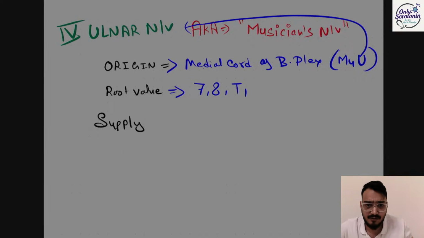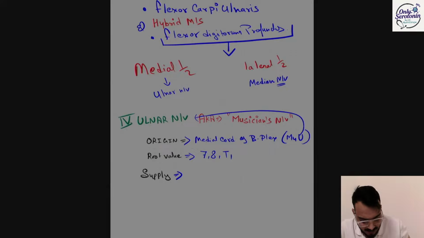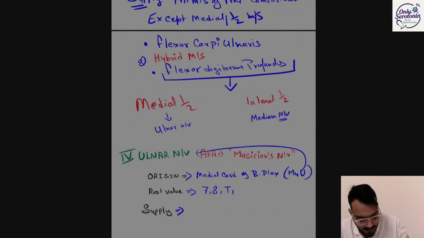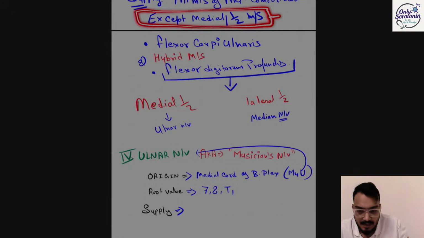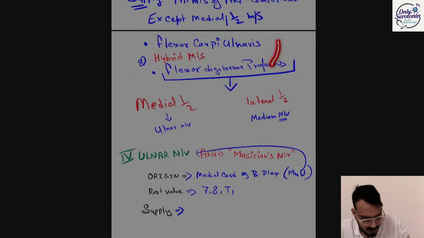What will be the root value of M4? That is the medial pectoral nerve, medial root of the median nerve, medial cutaneous nerve of the forearm, and medial cutaneous nerve of the arm. The root value is C8 and T1. It is supplying to the forearm. See guys, we make the work easy. The muscles we wrote in the exception, except the medial half muscles, these medial half muscles are going to be supplied by the ulnar nerve.